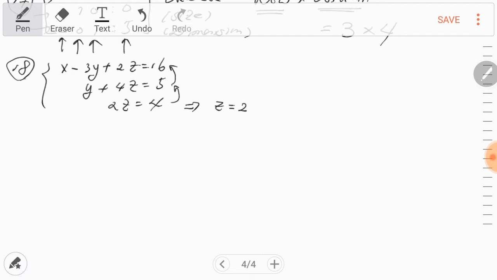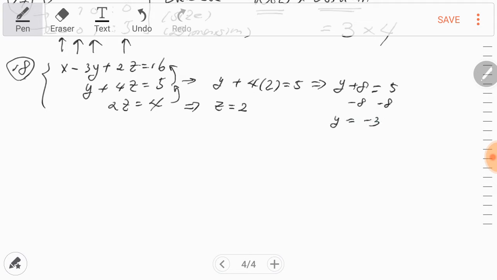Since z equals 2, substitute in the second equation. So y plus 4 times z, which is 2, equals 5. Then y plus 8 equals 5. Then minus 8 each side, so y is equal to negative 3.